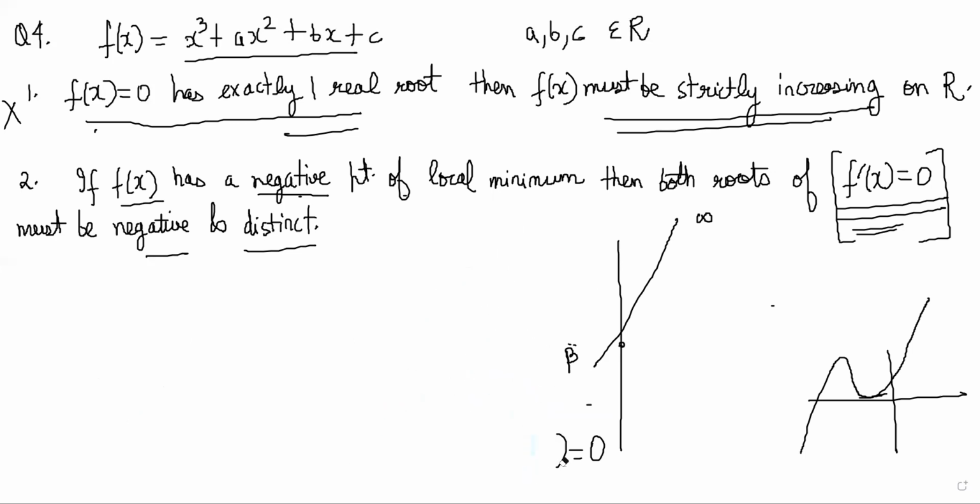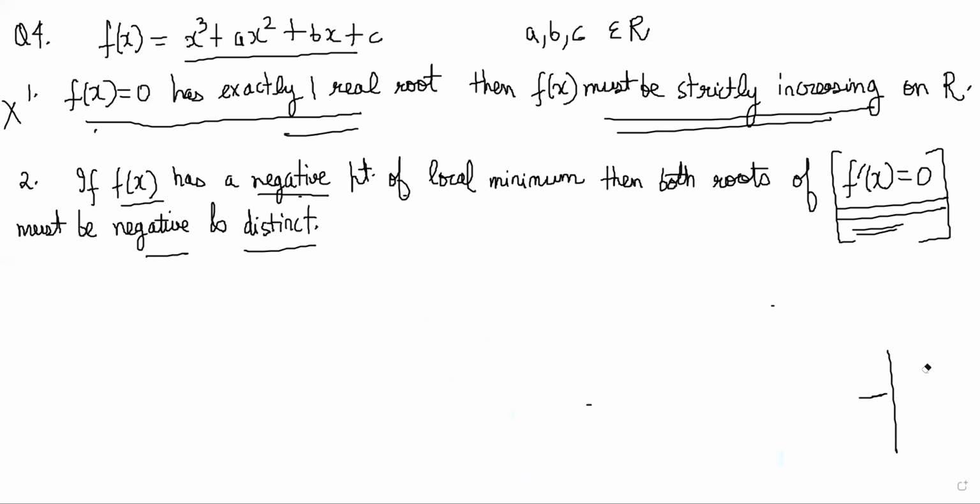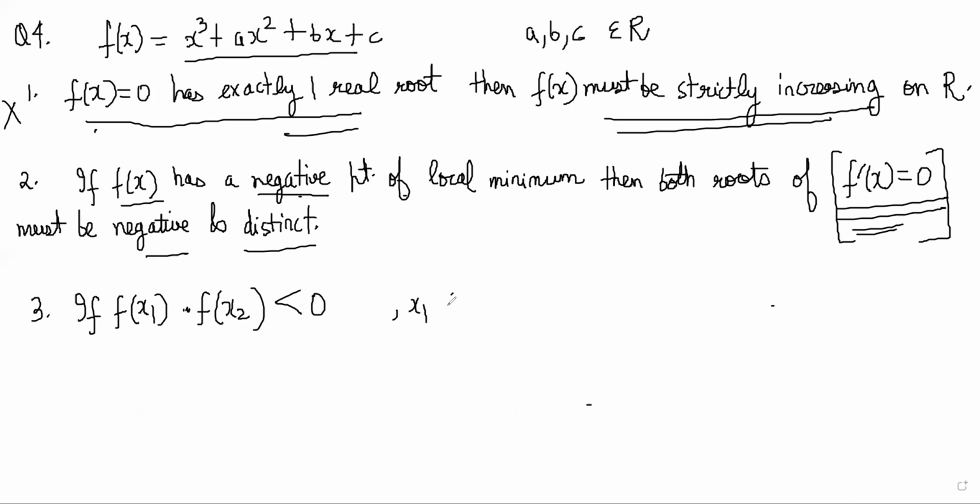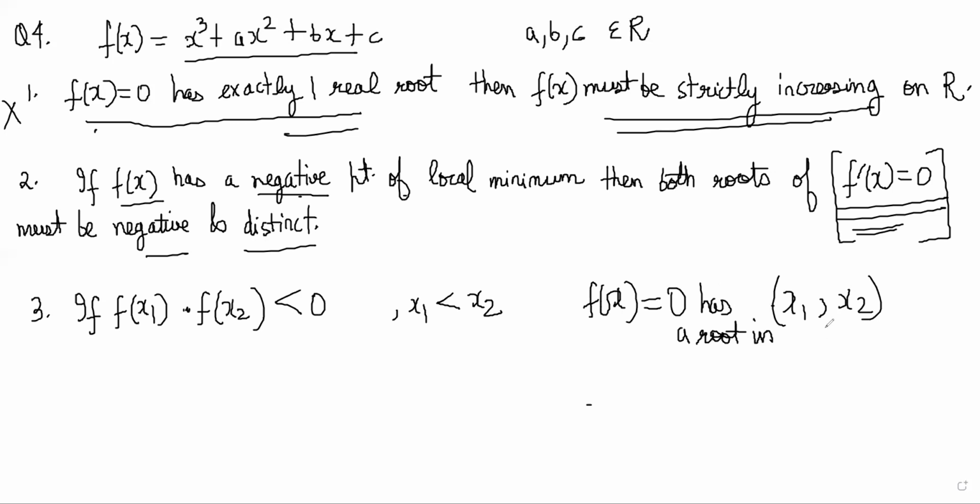You should understand why it is correct. Next statement is saying: if f of x1 multiplied by f of x2 is less than 0 and x1 is less than x2, then the equation f(x) equal to 0 has a root in x1, x2.